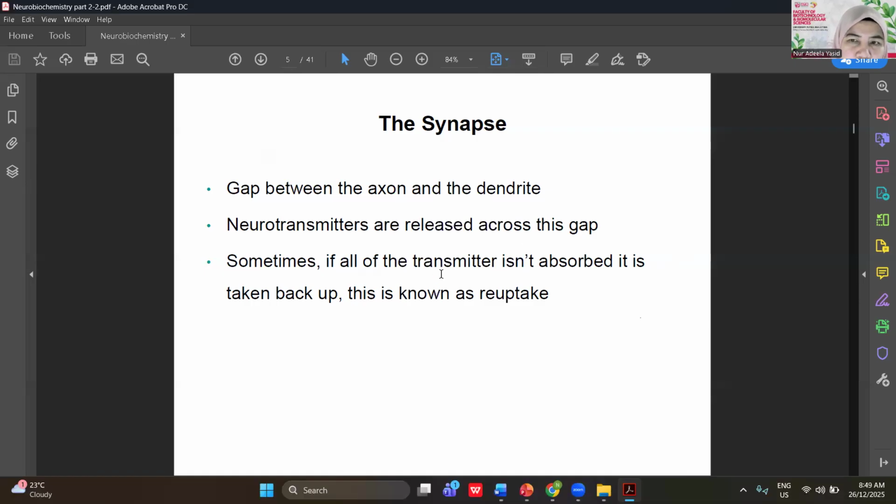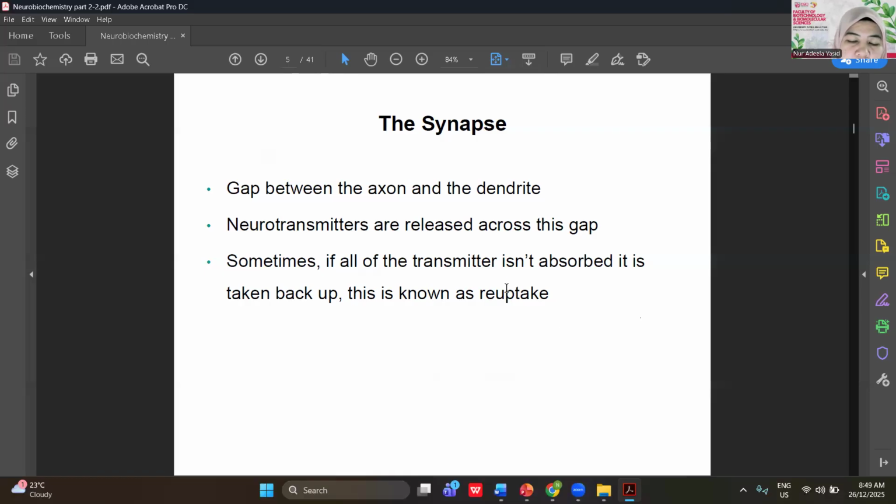So once a neurotransmitter is released, it will start to diffuse across the synaptic cleft and bind to specific receptors on the postsynaptic membrane.